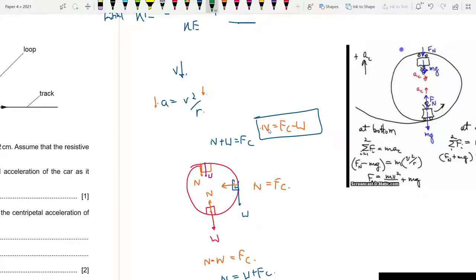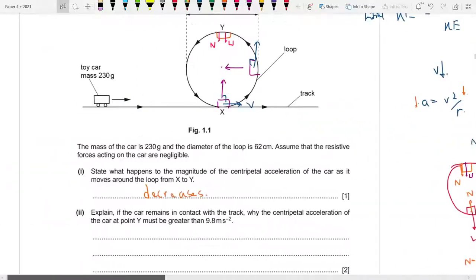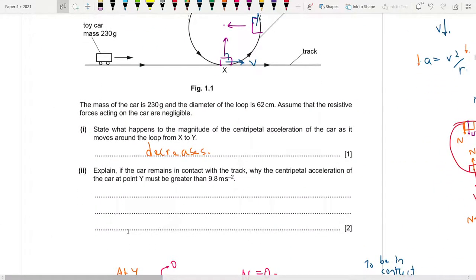So we basically want N to have a certain value. Since it's the difference between centripetal force and weight, for N to have a value, centripetal force must be greater than weight. Then we're going to get a positive value. It will contribute to the centripetal force, right? So that's the logic. So how are we going to word this actually?